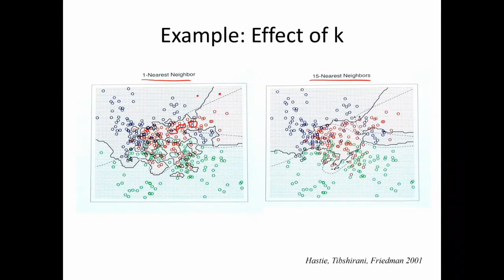And this makes us think that 1NN may be too sensitive to noise. Whereas if you look at 15NN, the boundaries are much simpler. So that's for blue, green, and red.